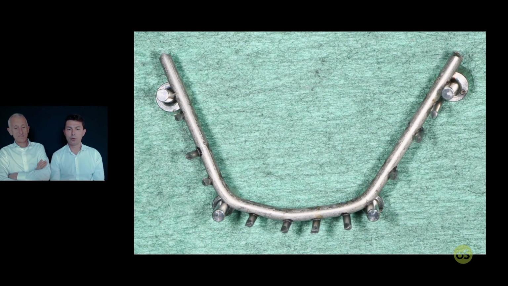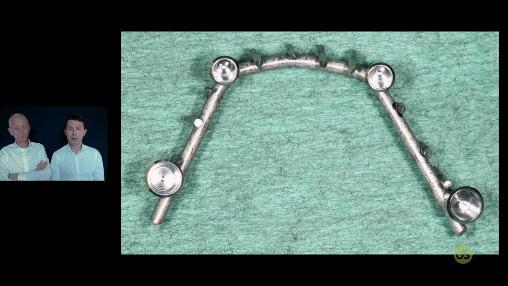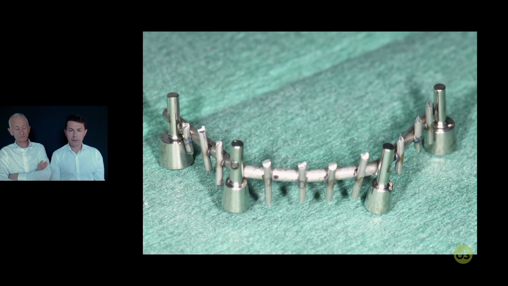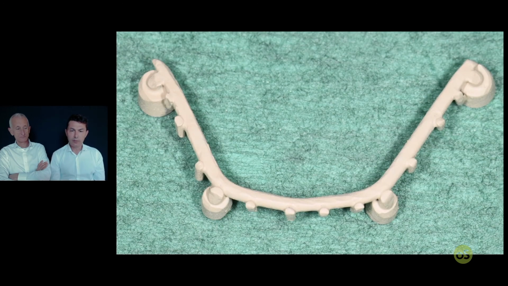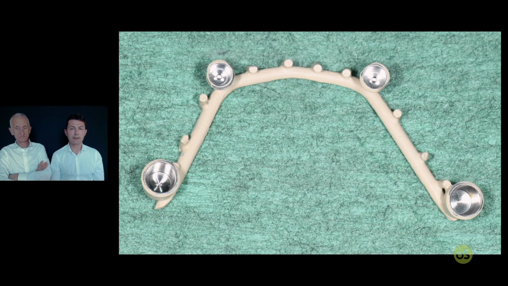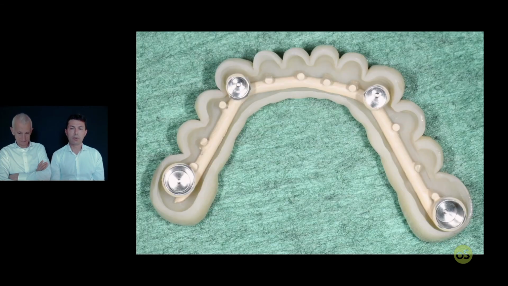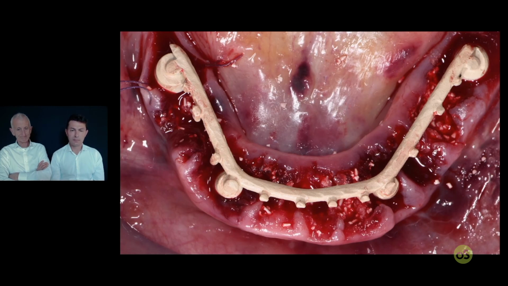Yes, now it's time to increase the framework with the help of vertical support. And after it's time to cut just a little bit and cover with the opaque. And for sure, it's possible to try the framework inside the restoration. And if more or less it is good, it's time to check again, but in the mouth, the framework in the mouth.